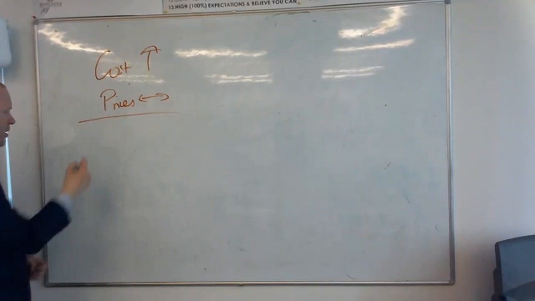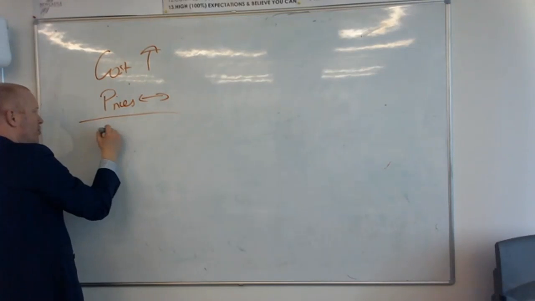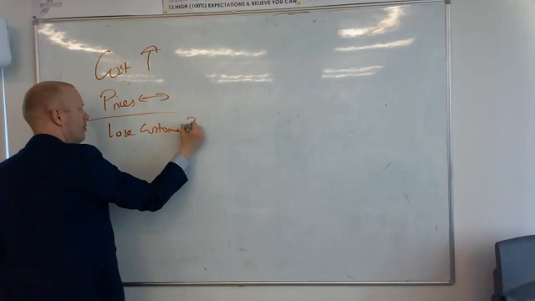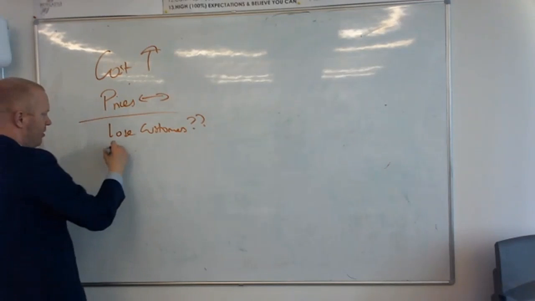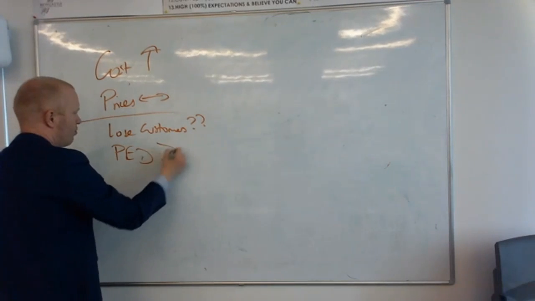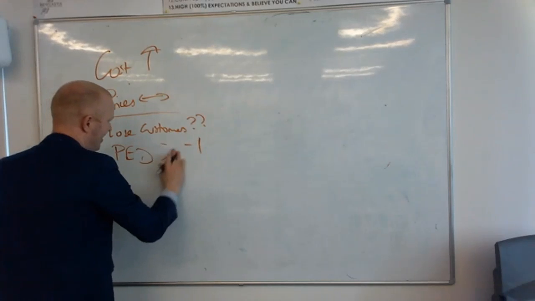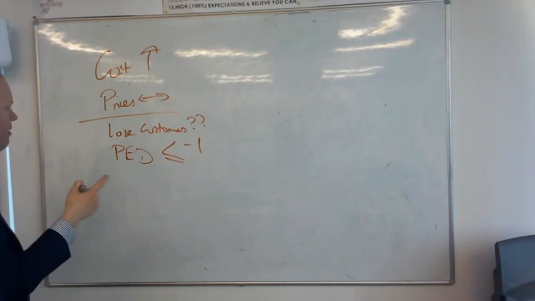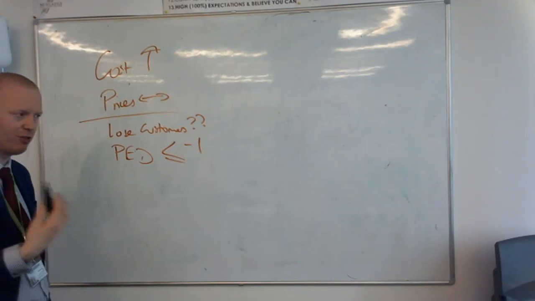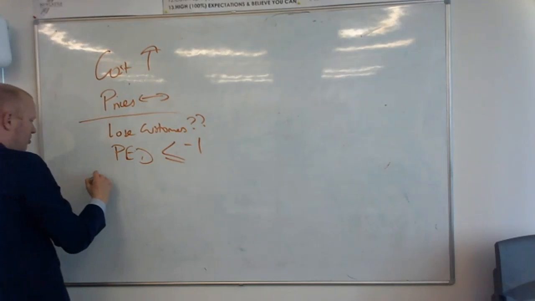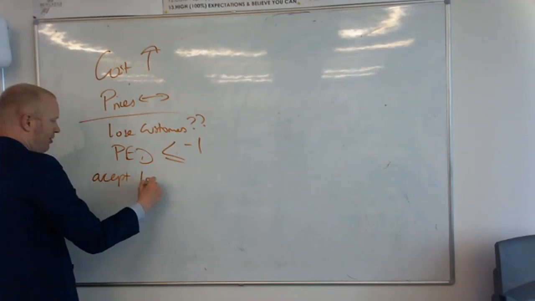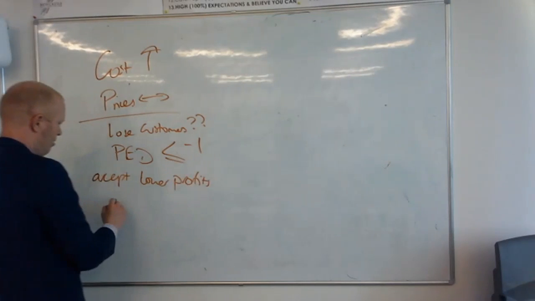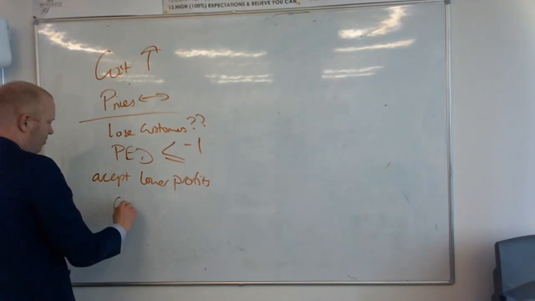One of those could be that you don't want to lose customers if your customers are price sensitive, so if the PED is greater than, less than or equal to -1, then you're potentially going to have customers quite responsive to price changes. So you might just accept lower profits in the short term, and that could be because your market is very competitive.